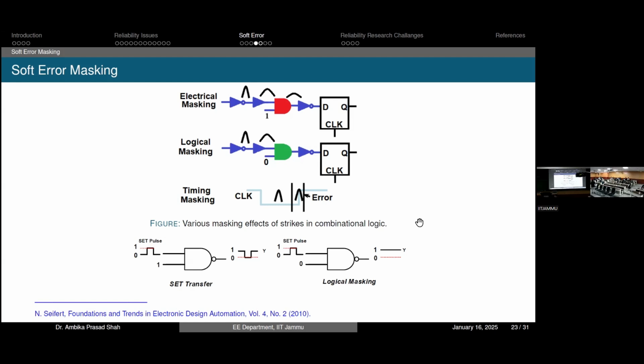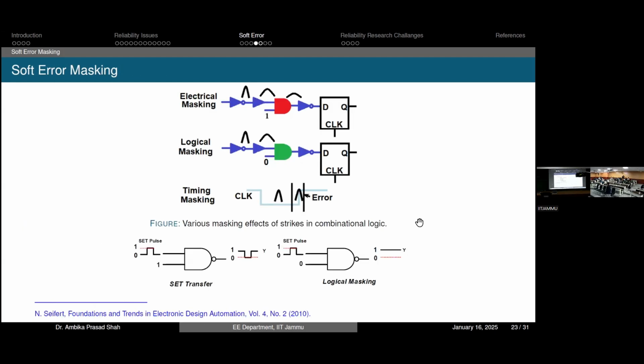So these are some techniques. You can combine these masking schemes, the timing one, the electrical one, the logical one. Might be you can increase the probability of stopping those things.